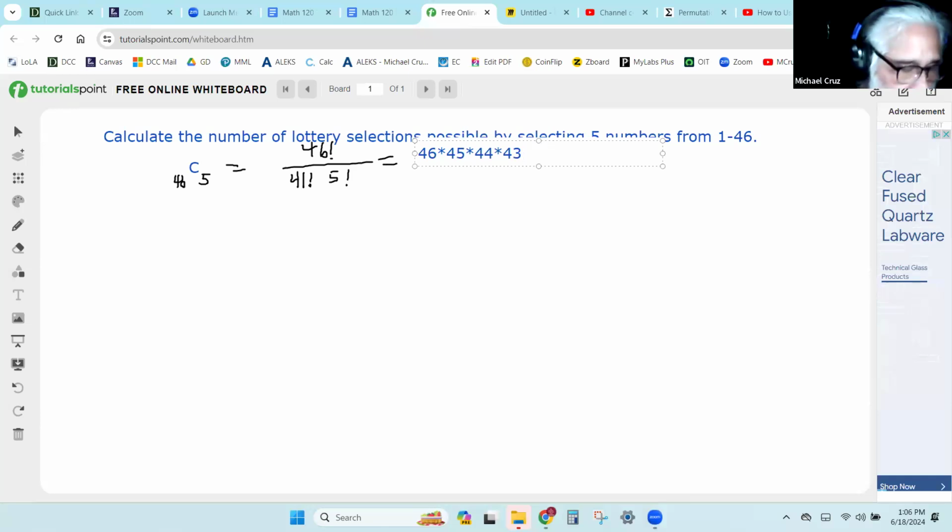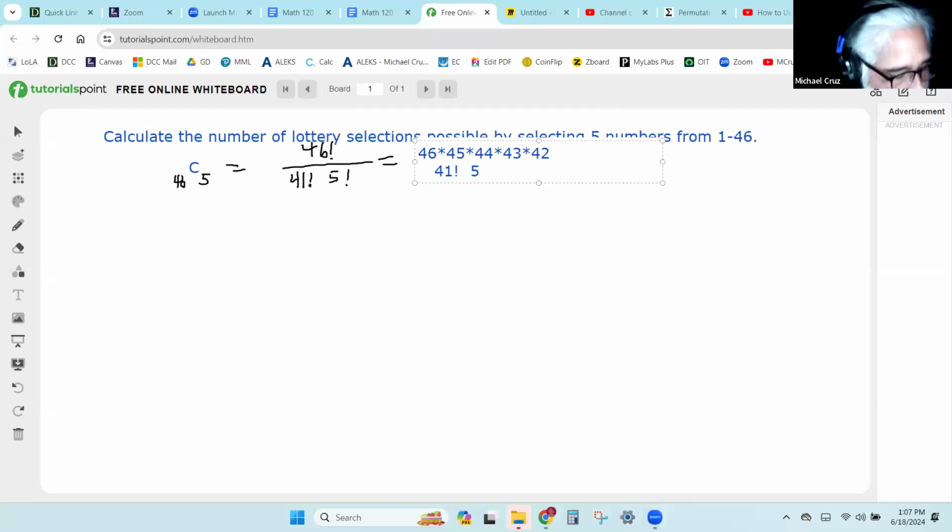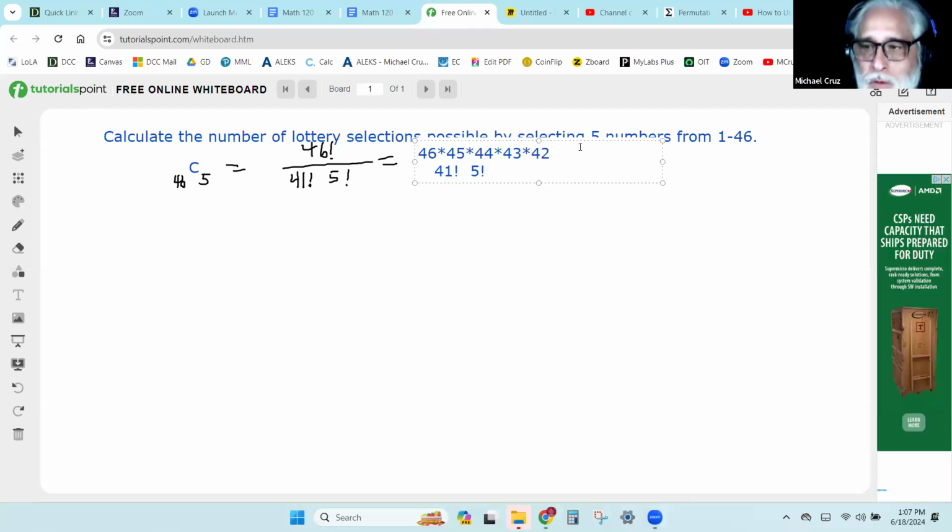So the only thing that's left is 42. That's the last one that's left. And so down here you got 41 factorial and 5 factorial. All right.